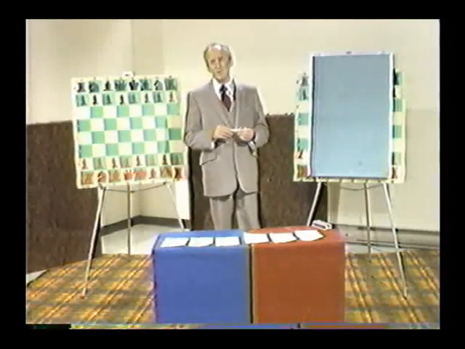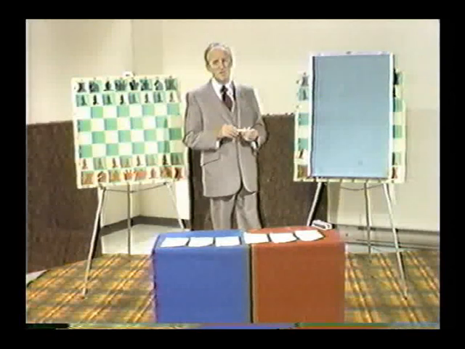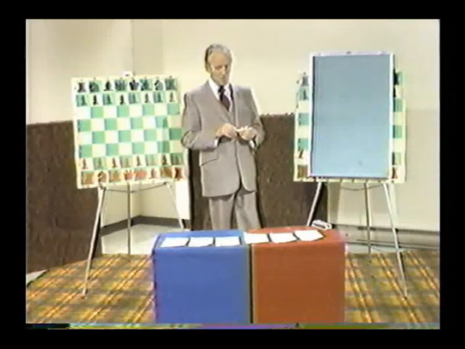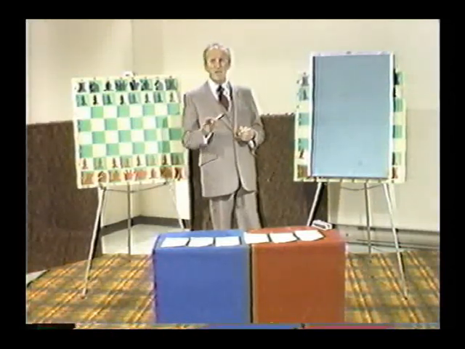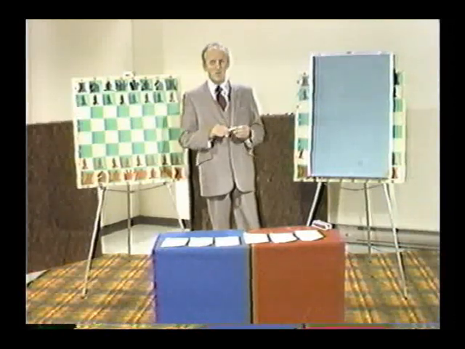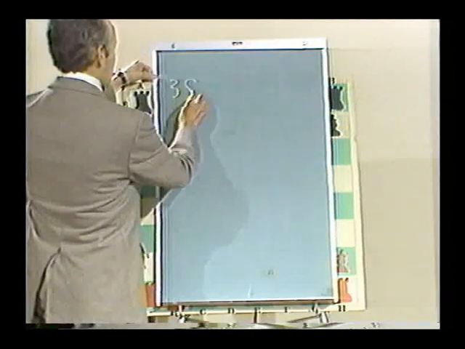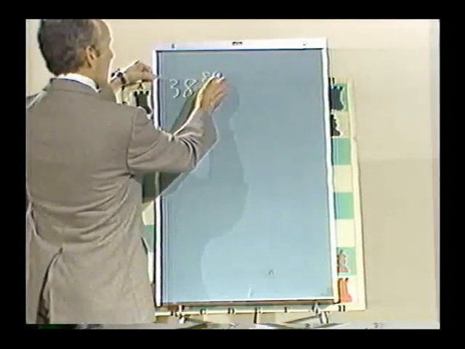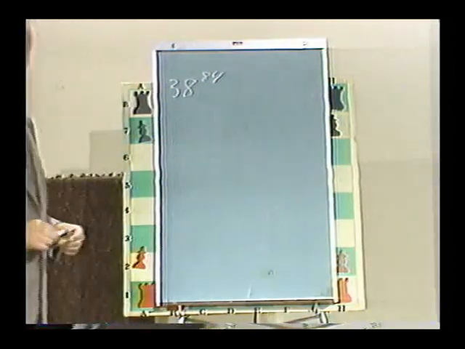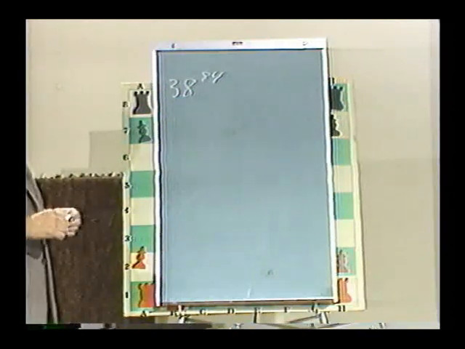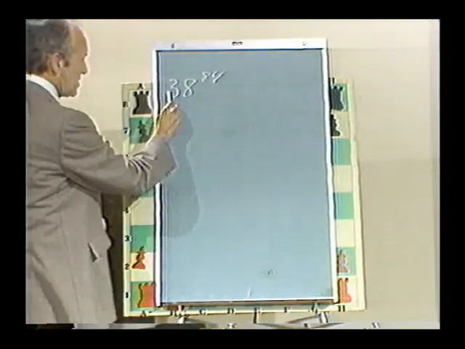We must remember when we're studying positional chess something that's very basic. For example, in any chess position, you have something like 38 to the 84th power possibilities of chess moves. Now, you realize how much that is.